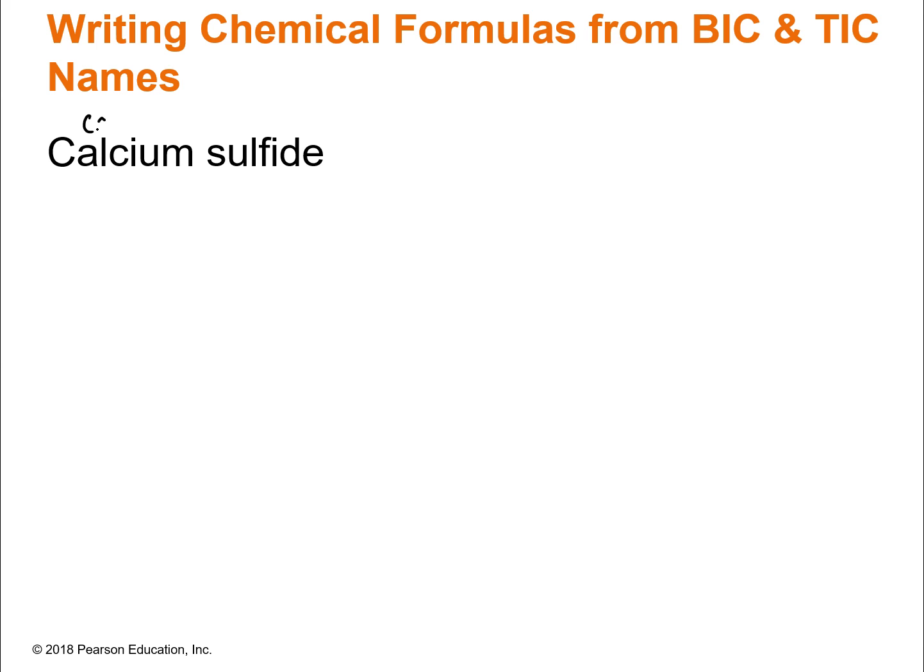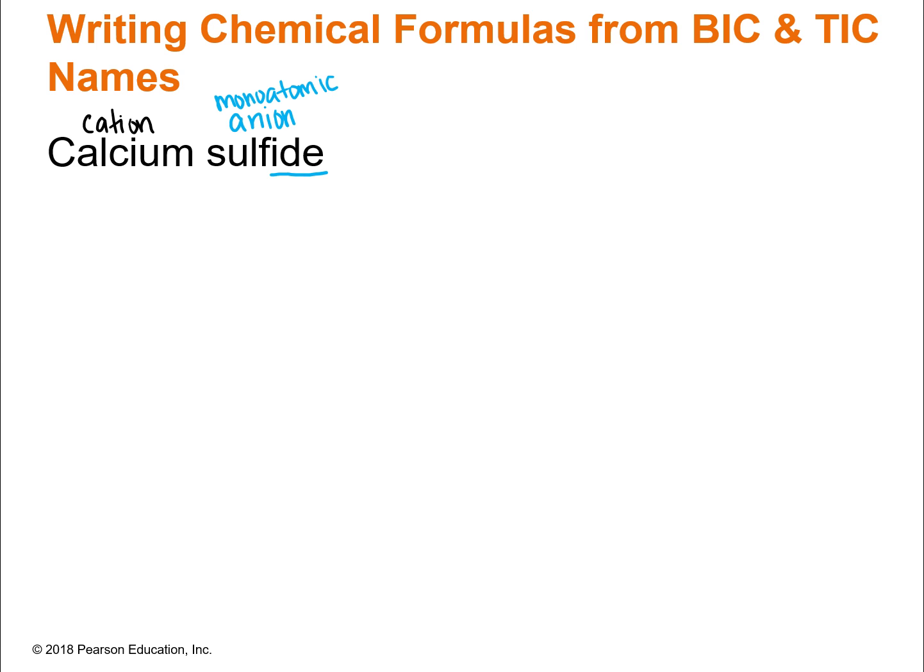This is our cation, the calcium. The sulfide is the anion, and you can tell that because of the IDE. So it's a monoatomic anion.